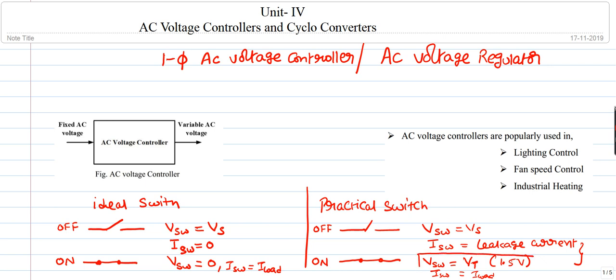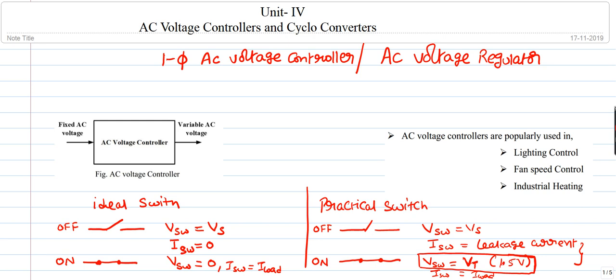Particularly this point we need to highlight during the analysis of AC voltage controllers. So remember, for AC voltage controllers, when the switch is in on state, that is when it is represented with a short circuit, the switch voltage is not 0, it is the on state voltage drop, something around 1.5 volts.